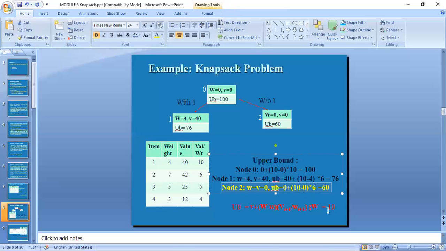The maximum capacity is 10 minus the weight for this node, which is 0. So 10 minus 0 into 6: 10 into 6 is 60, 60 plus 0 is 60. So the upper bound value for node number 2 is 60. Getting it?